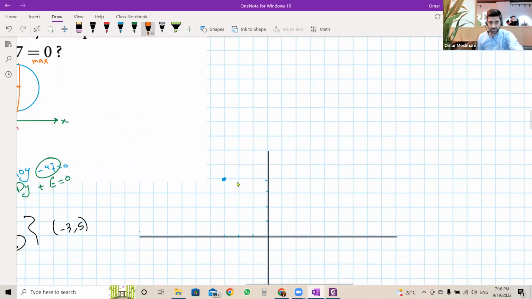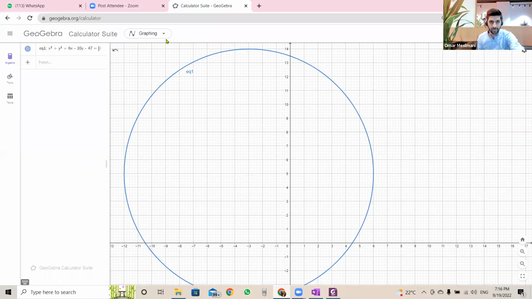So look what I'm going to do. From the center, I'm going to go 9 steps to the right and 9 steps to the left, 9 steps up and 9 steps down. Where was the center? The center was here. If you count with me, how many steps you go right? 1, 2, 3, 4, 5, 6, 7, 8, 9.